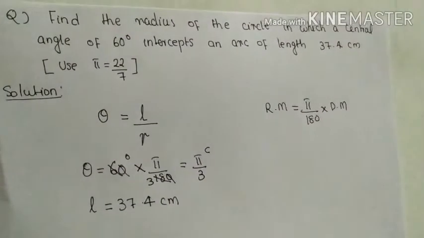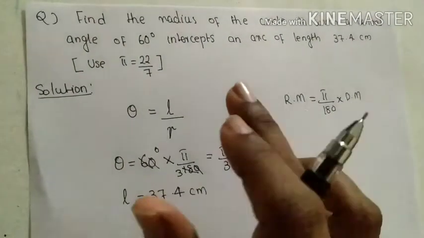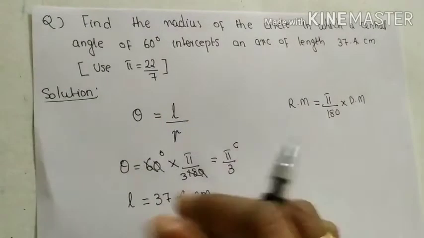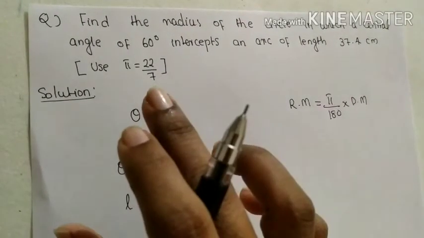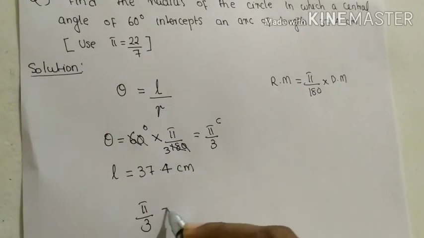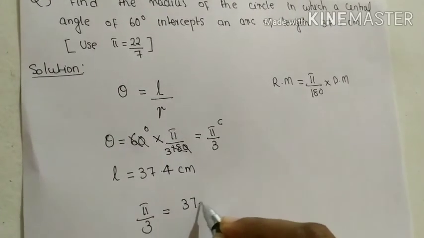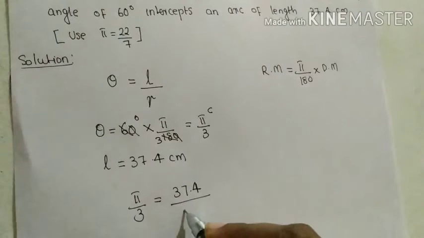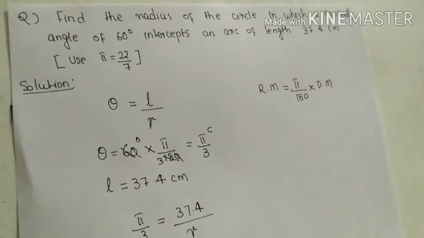Okay, so next I am going to substitute all the values to our formula. Theta is equal to pi by 3, arc length is 37.4 and r we have to find out.